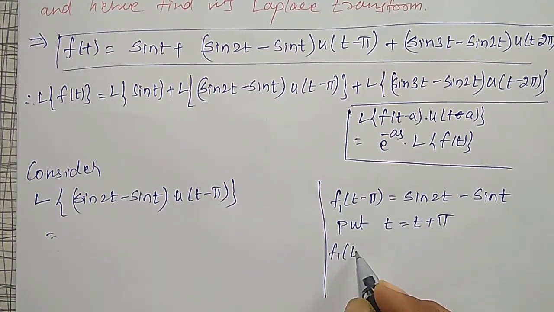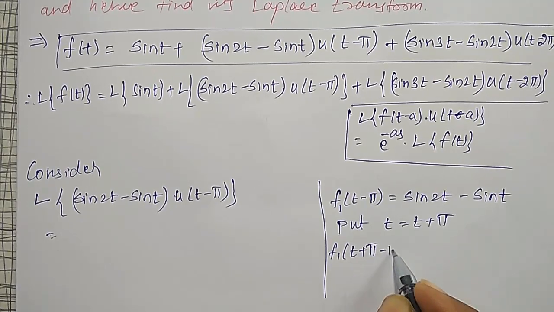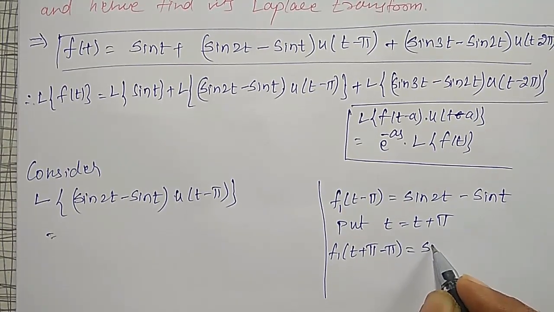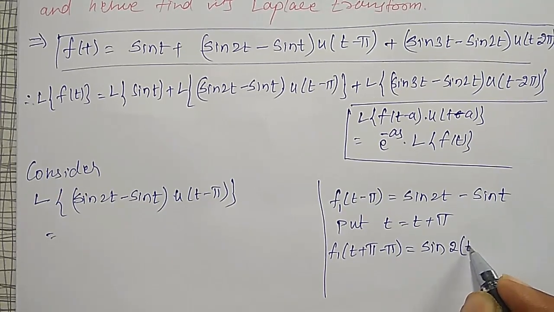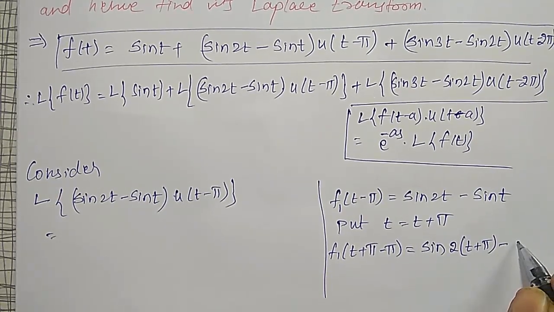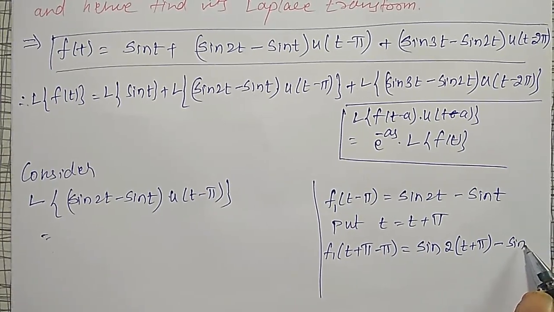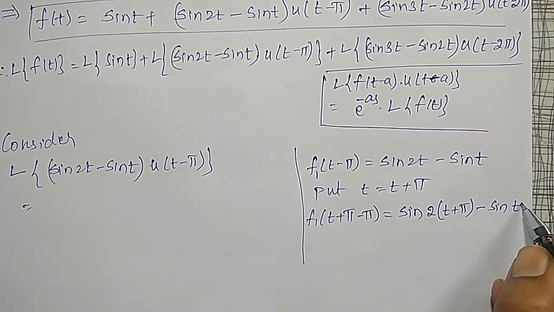Then f1 of t plus pi minus pi is equal to sine of, be careful here, 2 into only t is replaced by t plus pi, minus sine of t plus pi.